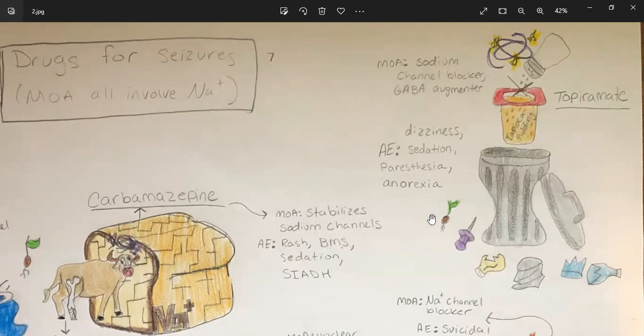So we have garbage, it's getting bigger and bigger, augments. Adverse effects are dizziness, which is shown here, sedation, paresthesia, so pins and needles. We have a little thumbtack, like a needle, and then anorexia. We have this really skinny trash can to demonstrate anorexia.